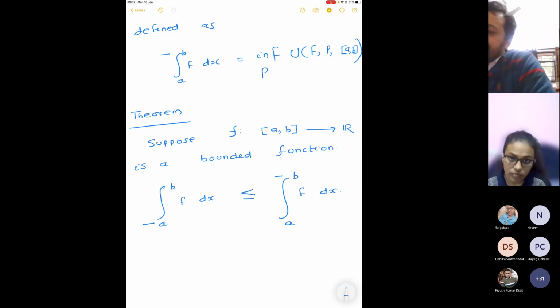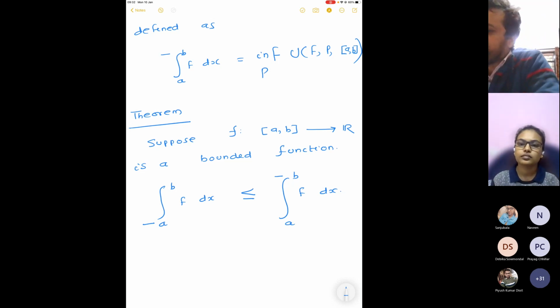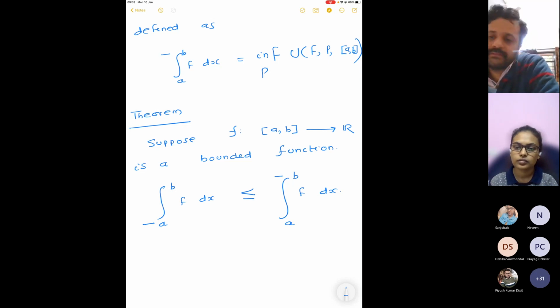If you see, the lower Riemann integral and upper Riemann integral can both be reasonably considered as approximations of the area under the curve. It's a good estimate. Now the question is, which one will I use, the lower Riemann integral as a better estimate, or the upper?